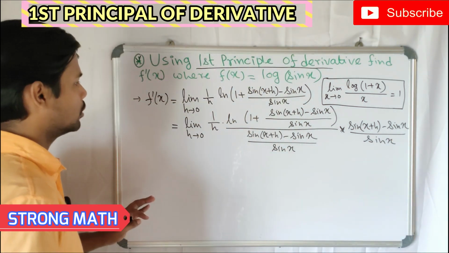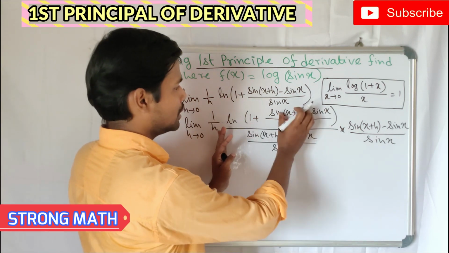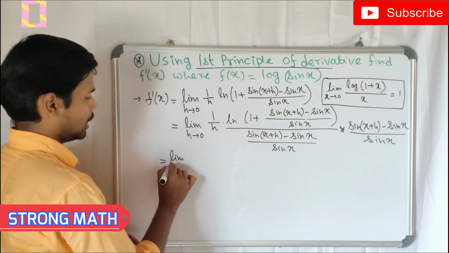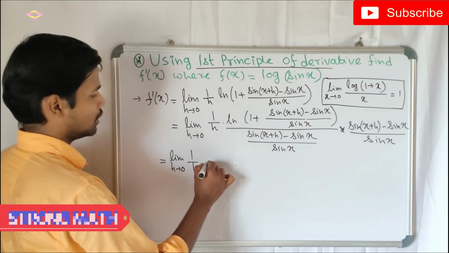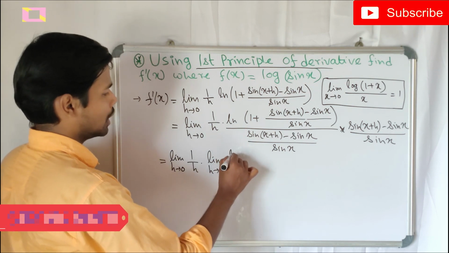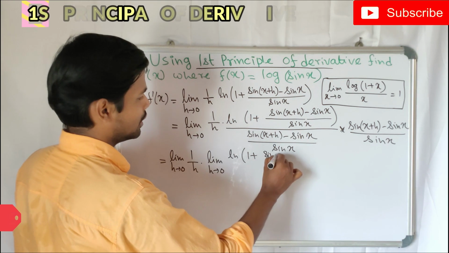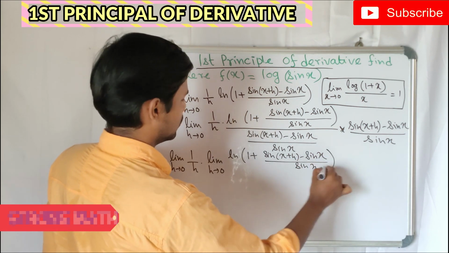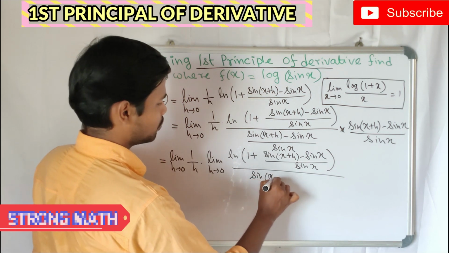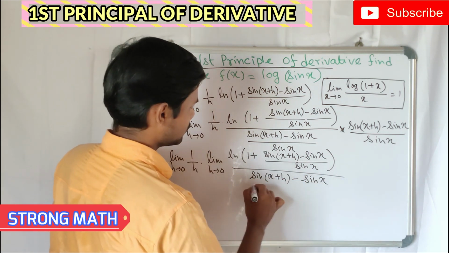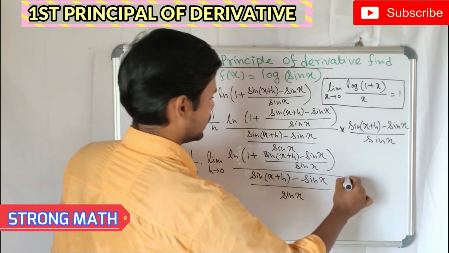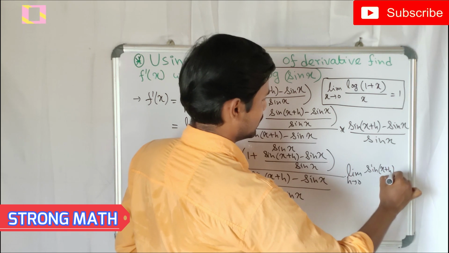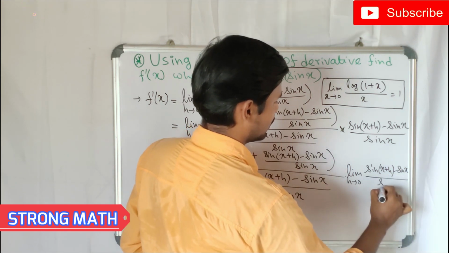Okay, so the limit of log of 1 plus this term, by this formula, we can write limit h tends to 0 of 1 upon h into limit h tends to 0 of ln of (1 plus (sin(x plus h) minus sin x) divided by sin x) whole divided by (sin(x plus h) minus sin x) divided by sin x, into limit h tends to 0 of this term, (sin(x plus h) minus sin x) divided by sin x.